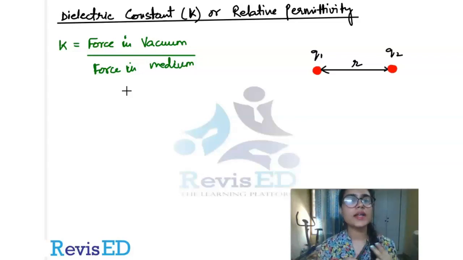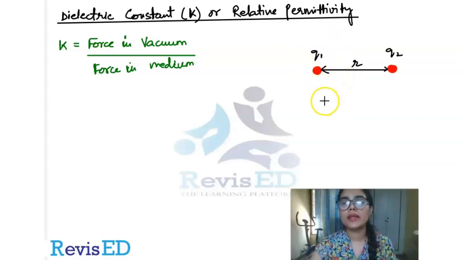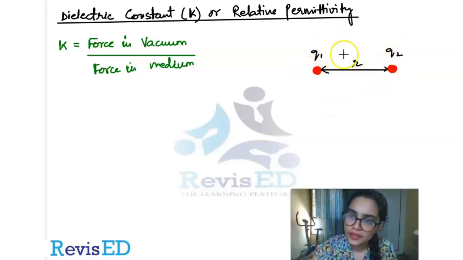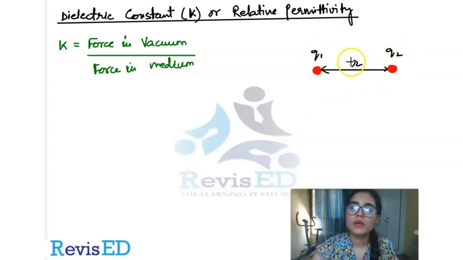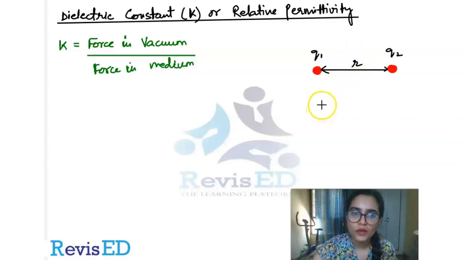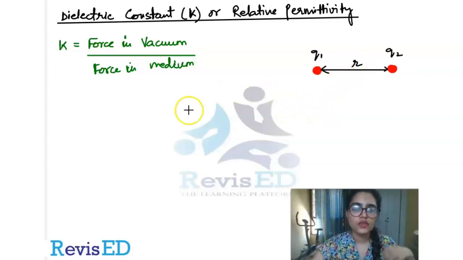The charges and the distance remain the same, so the force changes due to the medium. The only thing that changes is that earlier it is in vacuum and then it comes in a medium. So the ratio of such forces in vacuum to medium is your dielectric constant.